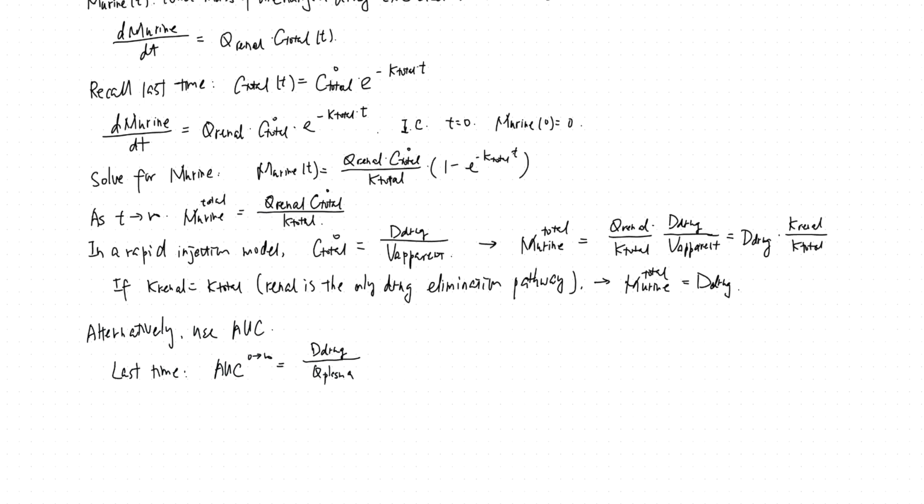We are going to multiply both sides by Q renal. So we would obtain AUC from 0 to infinity times Q renal equals the dose multiplied by Q renal divided by Q plasma.